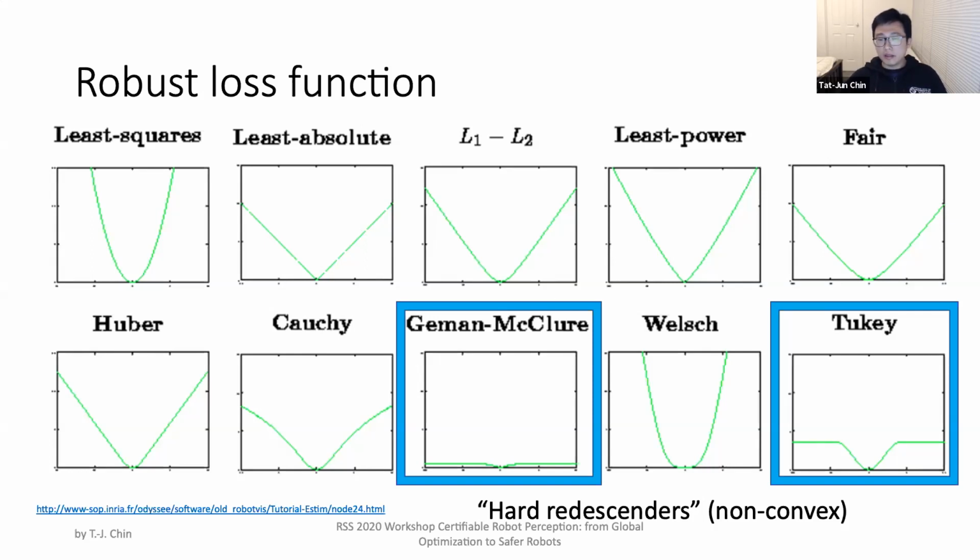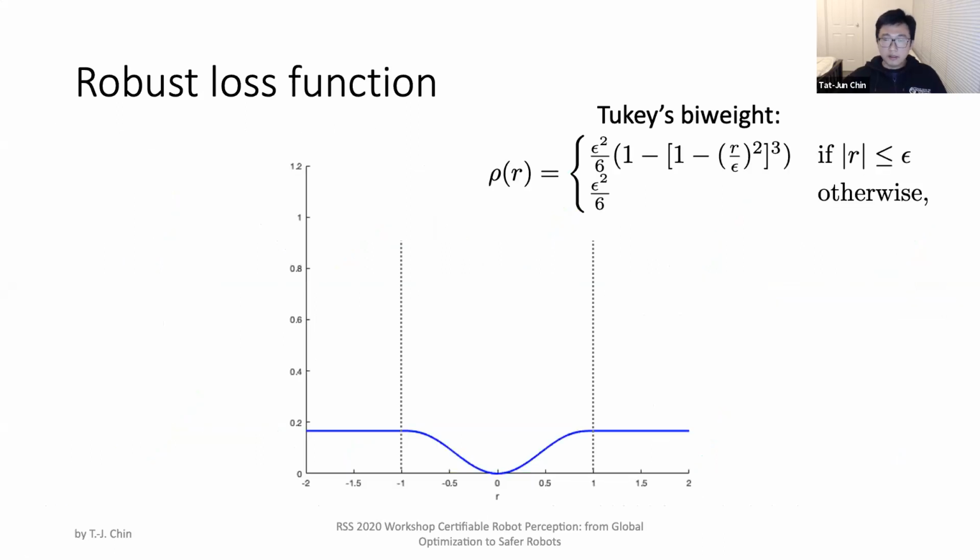The hard redescending robust loss functions are non-convex, and that's necessary because we want to absolutely limit the outliers from biasing the result of the estimate. If the robust loss function is the normal L2 function, then we revert to normal least squares, which, as we know, is not robust. So here's a hard redescender.